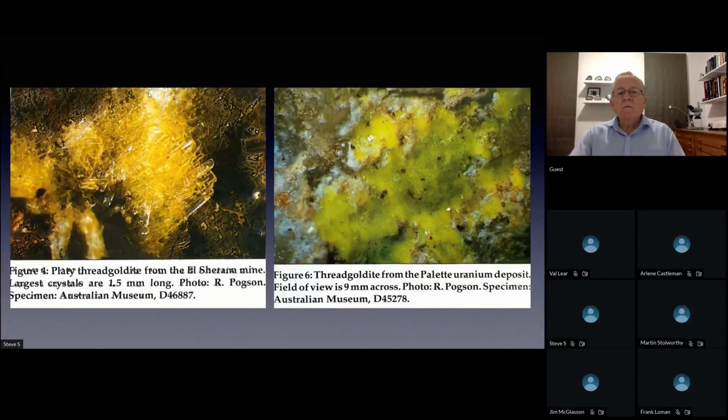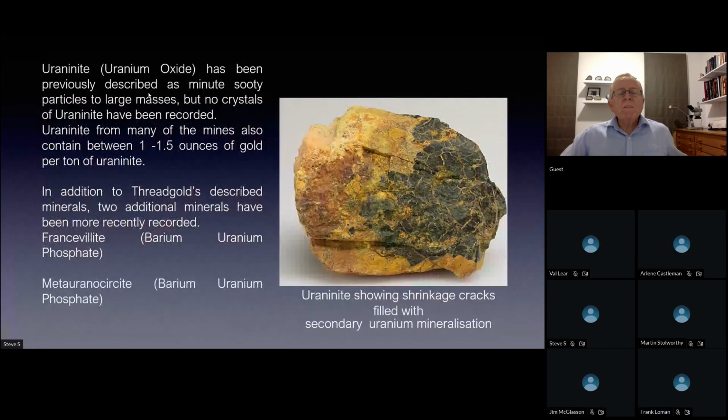There are just some other microcrystals from the other mines, from Palette and El Sharana. Next. Uraninite has been previously described as minute particles to large masses, but no crystals of uraninite had been recorded. Uraninite from many of the mines also contains between 1 and 5 ounces of gold per tonne of uraninite.